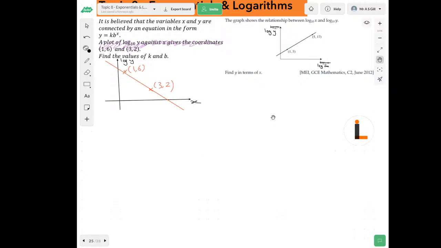So just to help you a bit with this first question on the left hand side, we should have it in this kind of format to start off with.